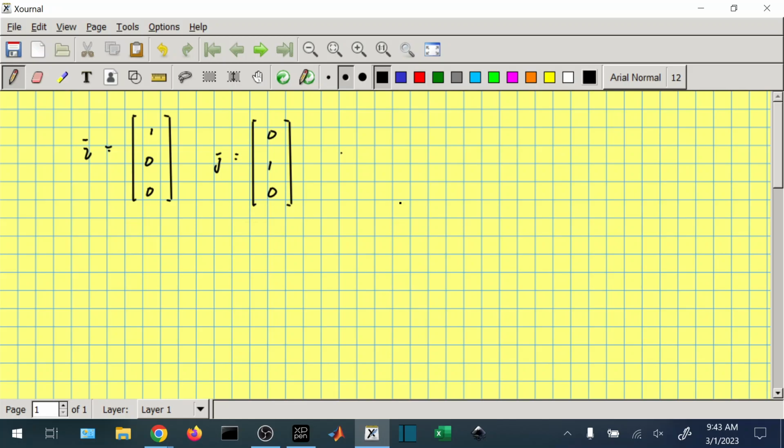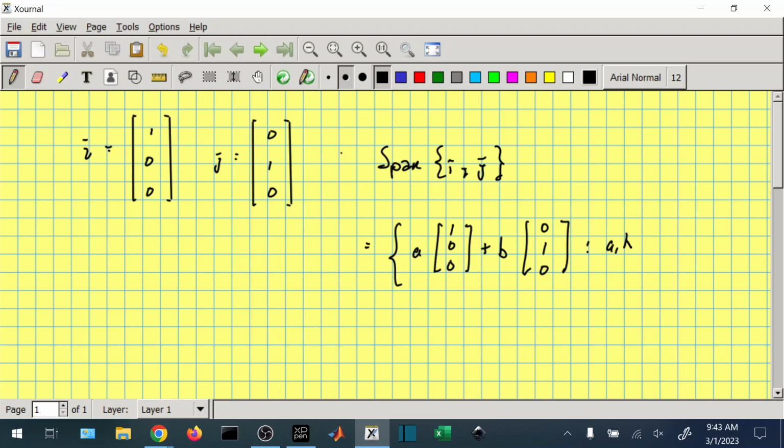Well, it would be the set S, let's say for span of i hat and j hat, would be the set of all vectors, A times 1, 0, 0, plus B times 0, 1, 0, such that A and B were any possible real number. And we could describe it as the set of all vectors A, B, 0, where A and B were real numbers. You see how this works?